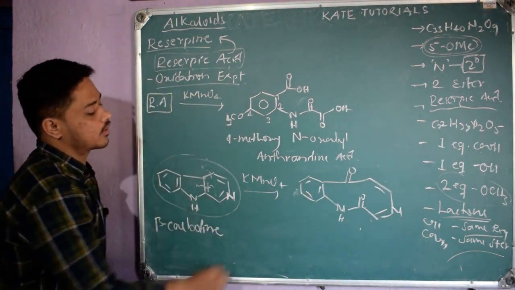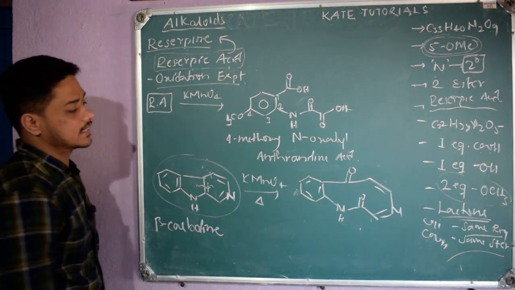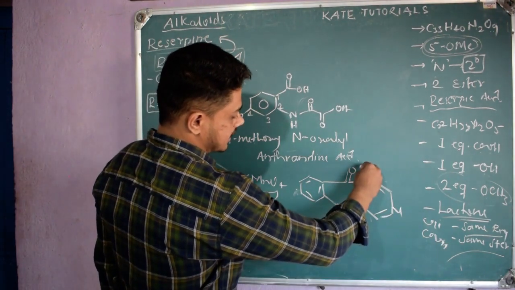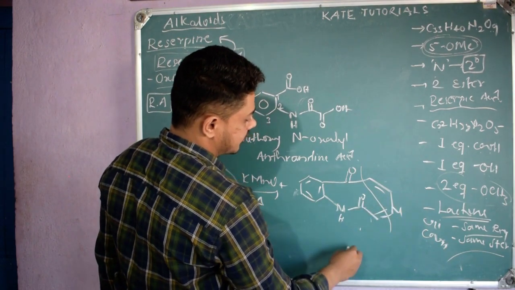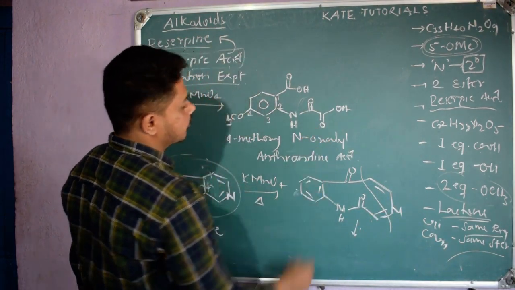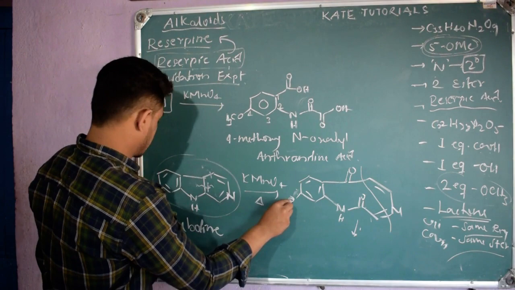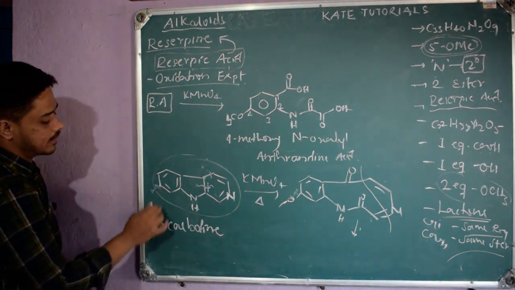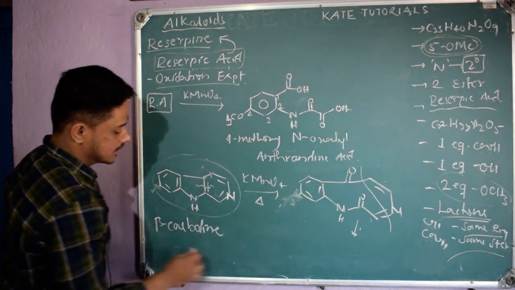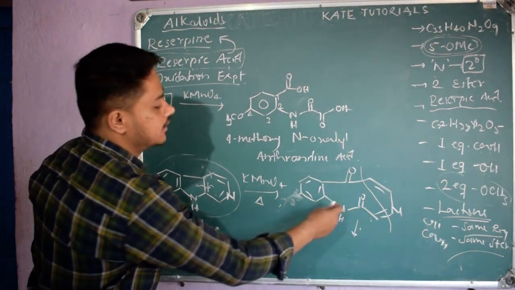So this KMnO4 under heating conditions is a strong oxidizing agent. If I cut this compound like this while heating, I will get this compound. See, here OCH3 is there as it is. Sorry, I should have taken this OCH3, but here the beta carboline, if they take, they'll get this product.